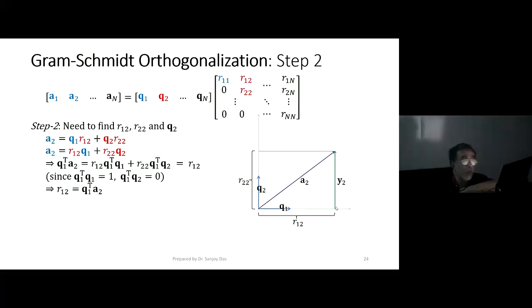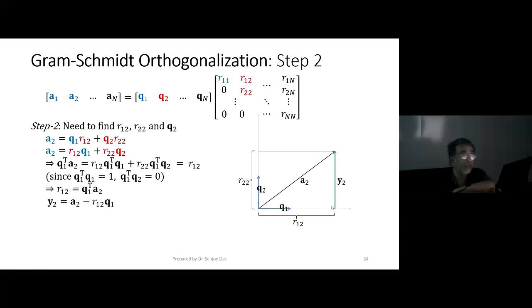And this vector from this point all the way to here is the vector R12 times Q1, right? Geometrically, from here all the way to here, it's R12 times Q1. And A2 minus R12 Q1 will give me this Y2, right? So Y2 is A2 minus R12 Q1.